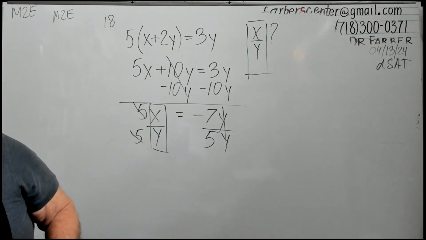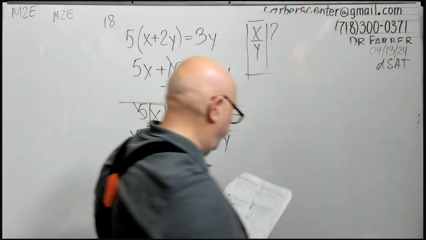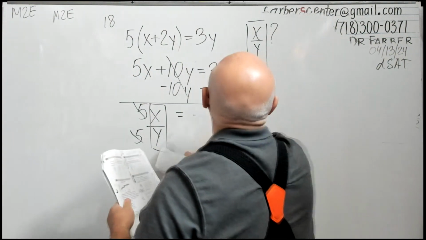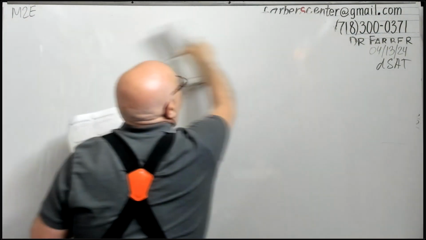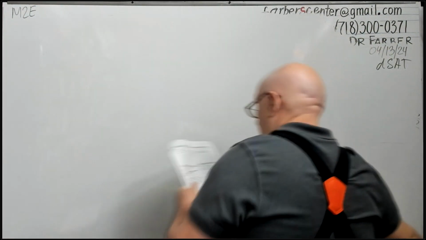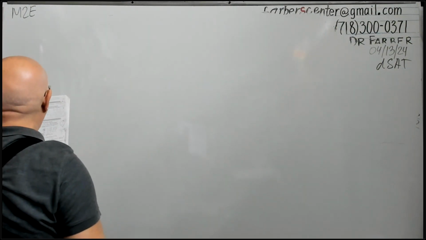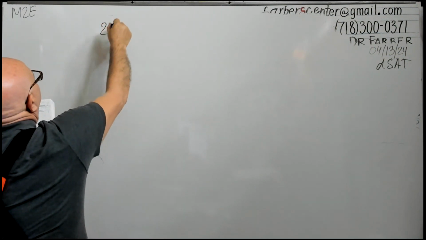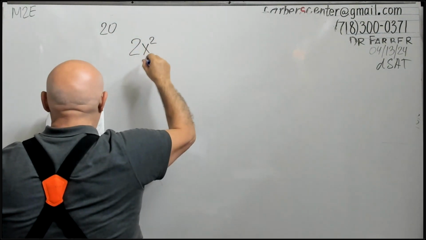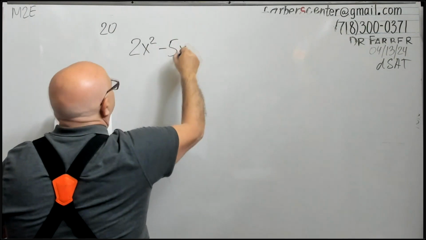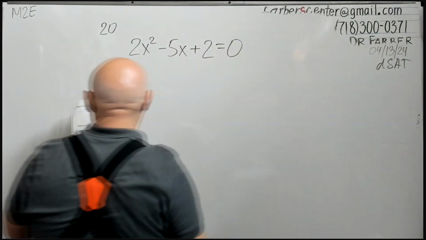Next, 20. What do we have in 20? 2x squared minus 5x plus 2 equals 0, if I wrote correctly, let me check.